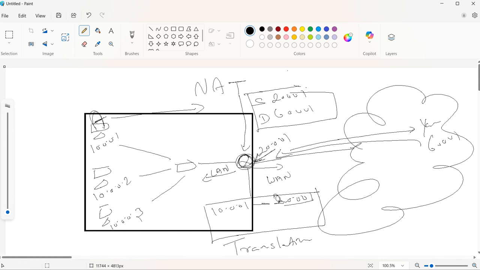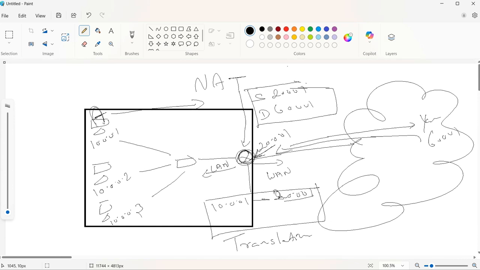Static NAT, dynamic NAT, and dynamic NAT overloading. Three types I told you. Static NAT means what? One to one.